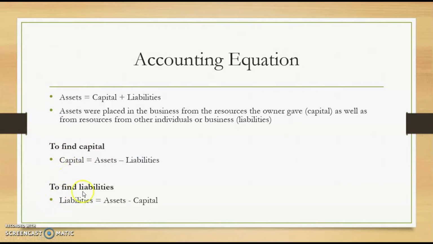If we do not have the liabilities, we can also find that because liabilities equal assets minus capital. So we just transpose the formula. We made capital the subject here and liability the subject here in order to find the amount for each. Liability is equal to asset minus capital.